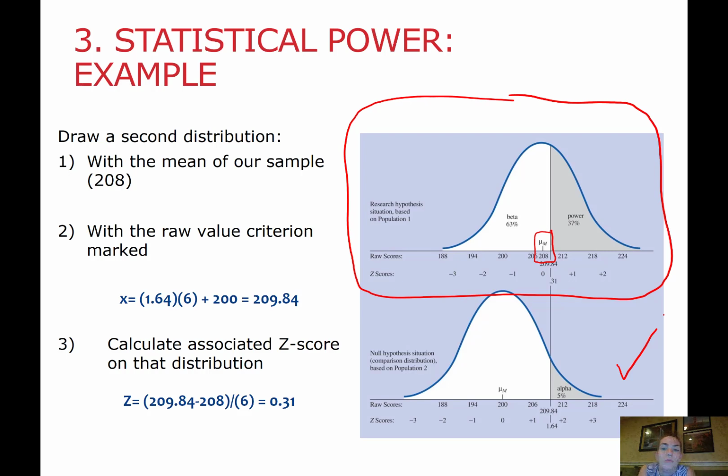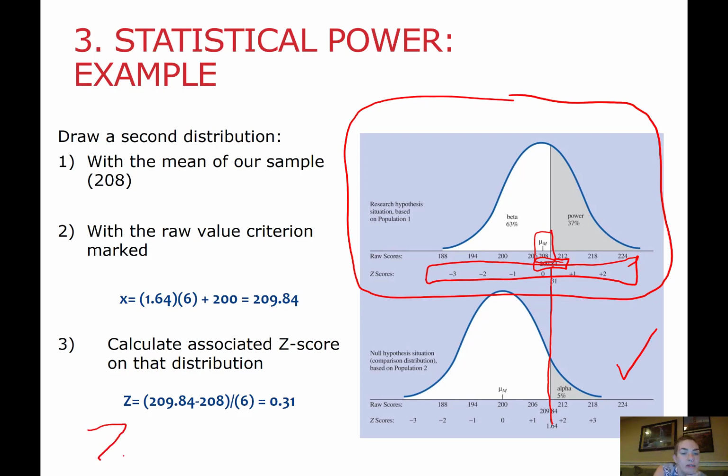It has a mean equal to population 1, and I wanted to put this raw value that corresponds to the critical value on the null distribution. And then I want to figure out what z value that corresponds to on my new distribution. So 209.84 on the bottom distribution corresponds to a z-score of 1.64. But 209.84 on the top distribution corresponds to a z-score of what?